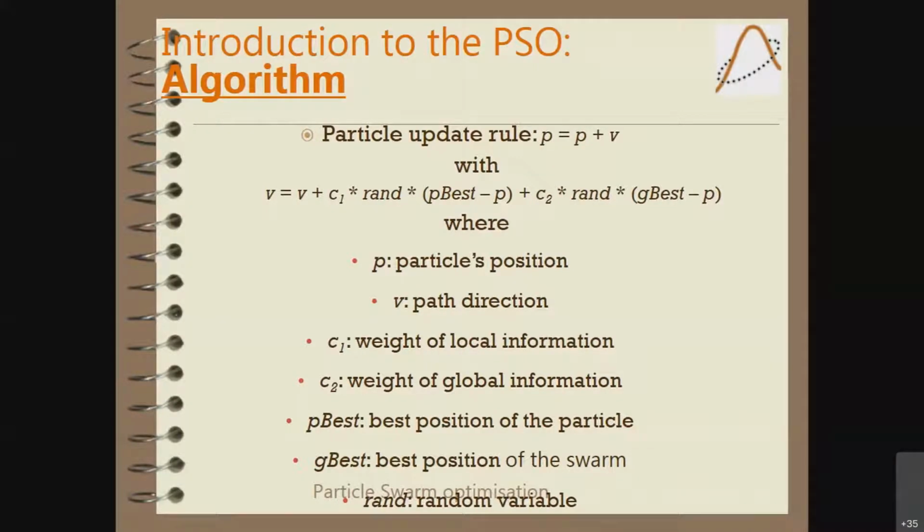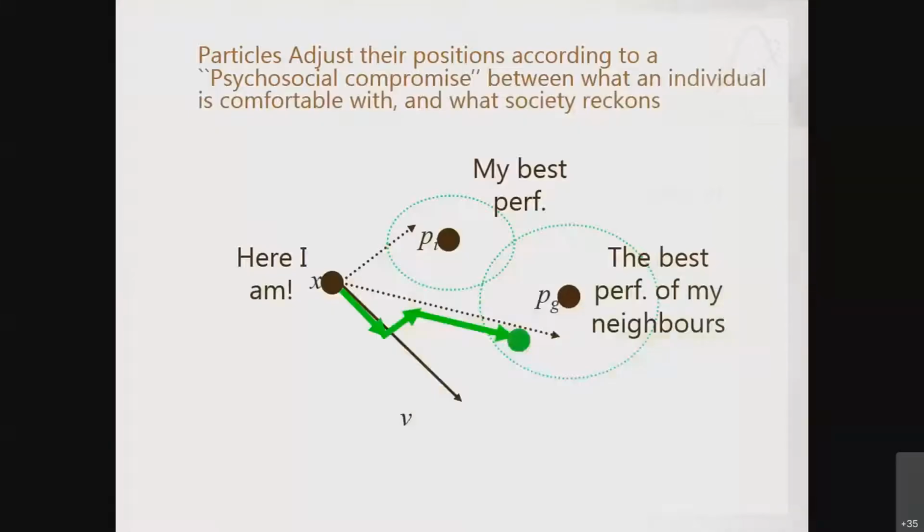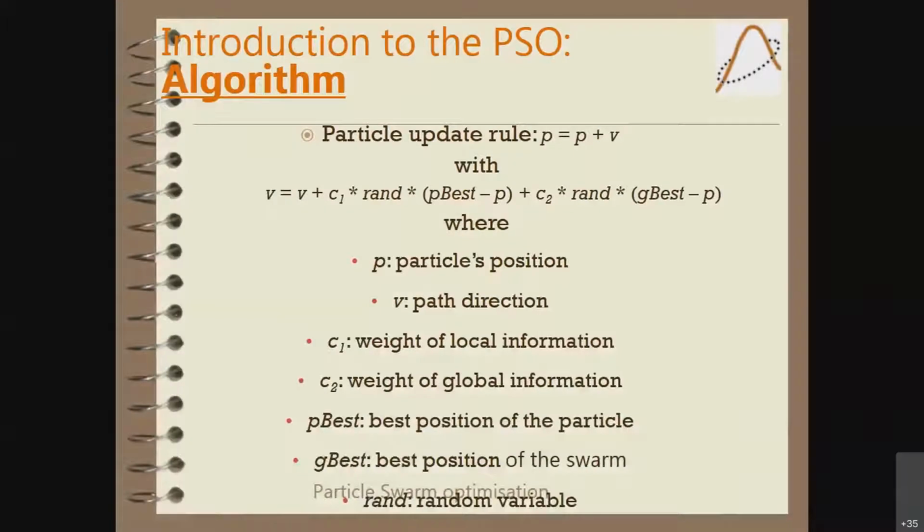I need to update it with my initial velocity, whatever velocity I started with, and then I have this P best minus P, which is the difference between my personal best and my original position, and G best minus P, the difference between the global best and my original position. Each one is multiplied with a scalar, individually C1 and C2, and these are the weight of the local information and the weight of the global information respectively.